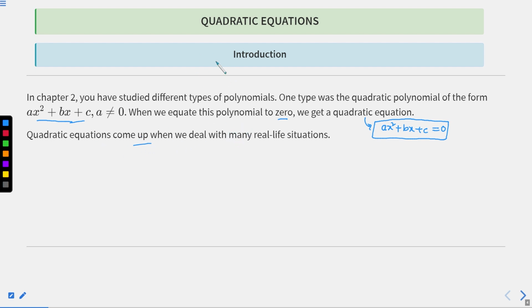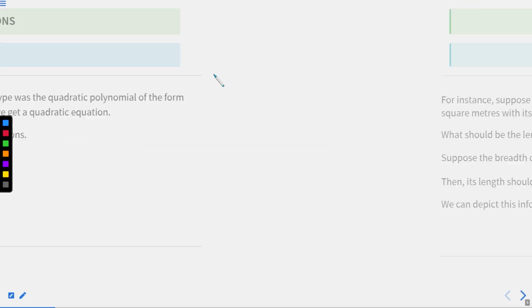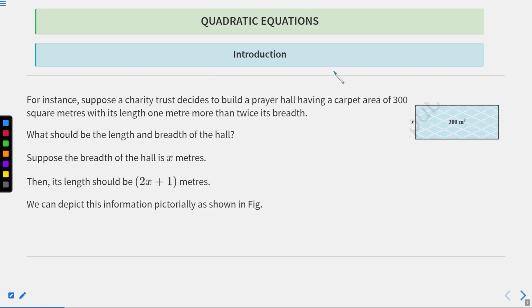Here we will be introduced to quadratic equations and learn how to solve them. In your higher classes, we will study quadratic equations in more detail.